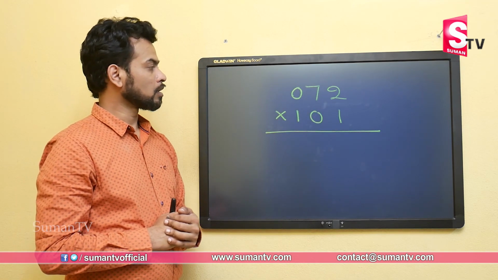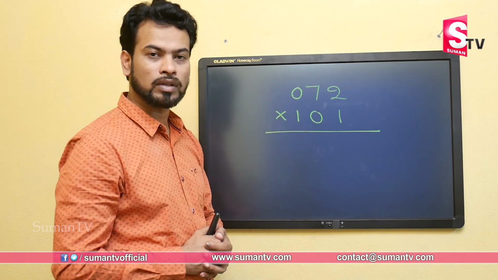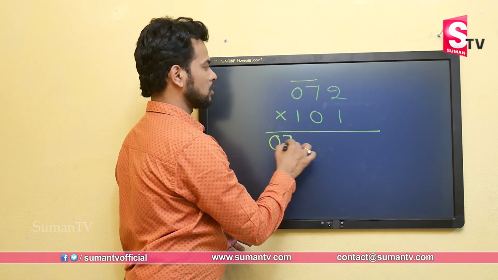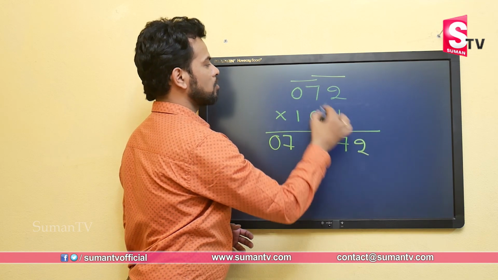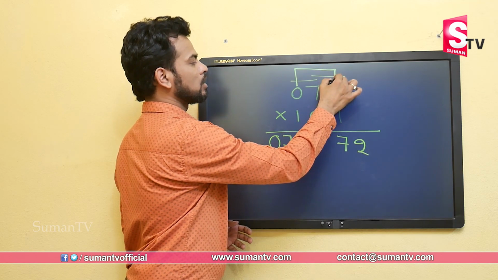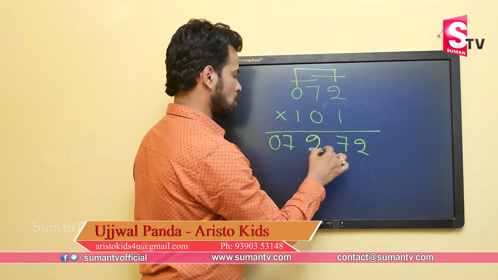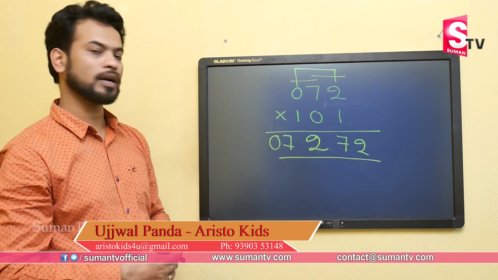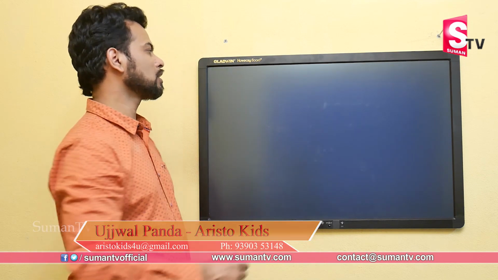So now 072 is a triple digit number. So again we will follow the same trick. 07 we will place this side. 72 we will place this side. And we will add 0 and 2. 0 plus 2, that is 2. So you got your final answer 7,272.